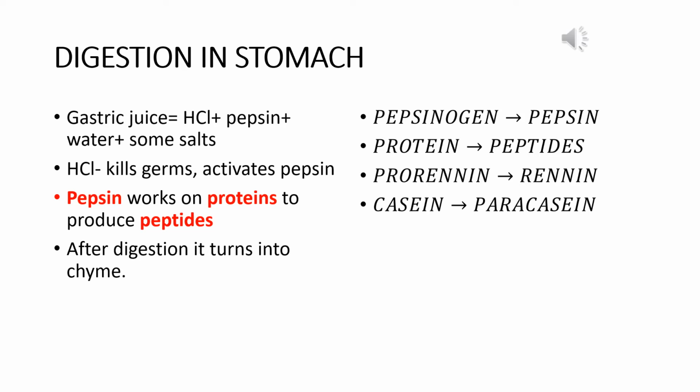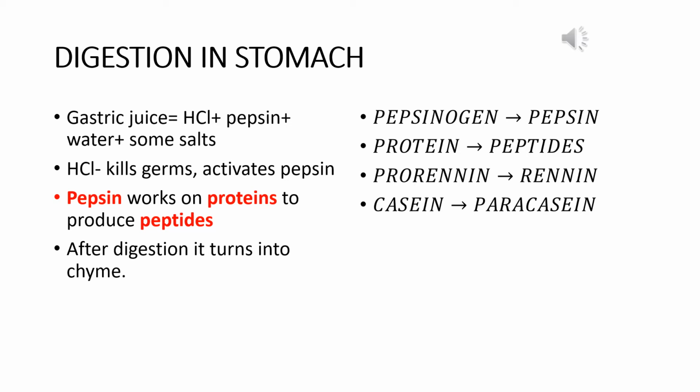Now the HCl is killing the germs that are present in the food. Saliva was also acting as an anti-germ solvent, but still some of the germs might be present even after the action of the saliva. Those germs will be killed by the HCl in the stomach.